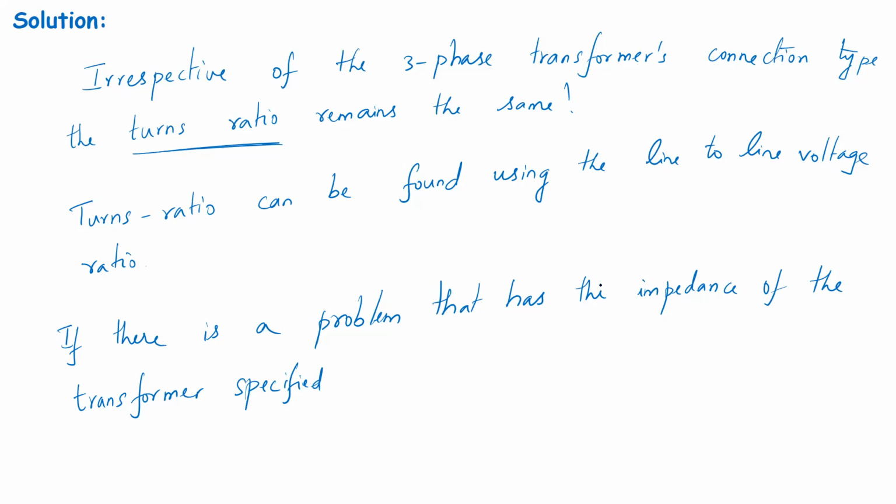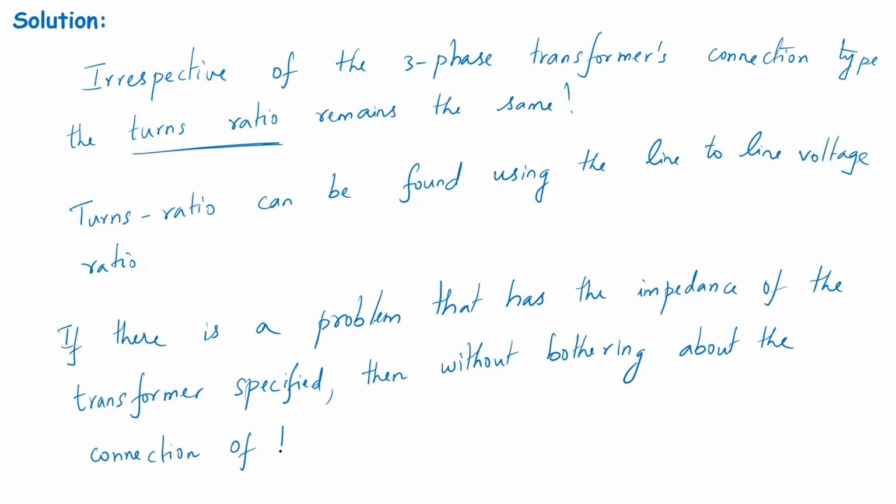So we can completely replace the transformer without worrying about the connection type with its equivalent impedance. If there is a problem that has the impedance of the transformer specified, then without bothering about the connection of the transformer, its equivalent impedance can be used.